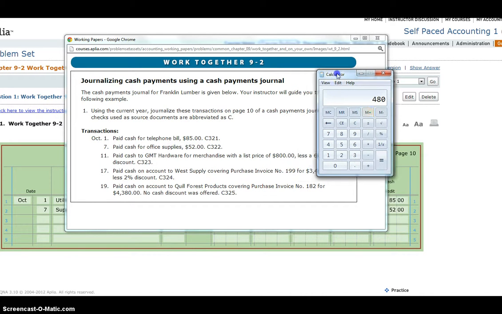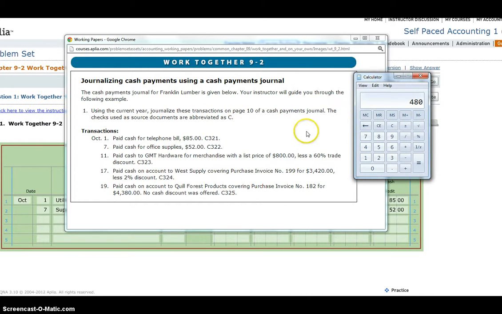We're going to subtract that from how much they say that we should pay, $800. So we'll take 800, we'll subtract 480, and we get $320. That's how much we should pay for this particular product.